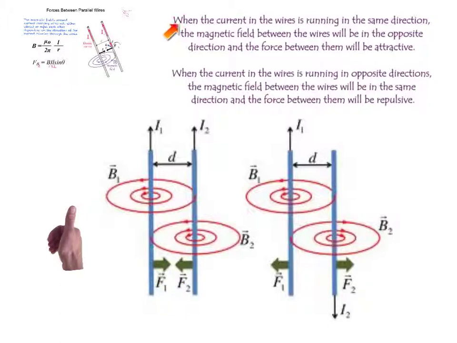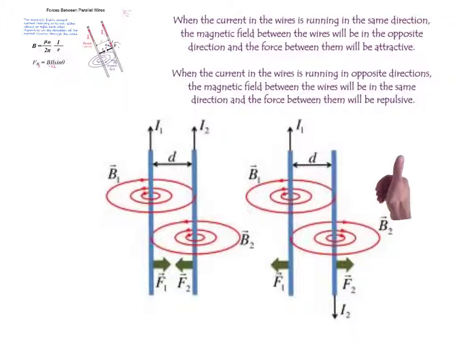So when the current in the wires is running in the same direction, the magnetic field between the wires will be in opposite directions, and the force will be attractive. On the other side, where we've got the current traveling in opposite directions, we have here a field between the wires that's going into the page.